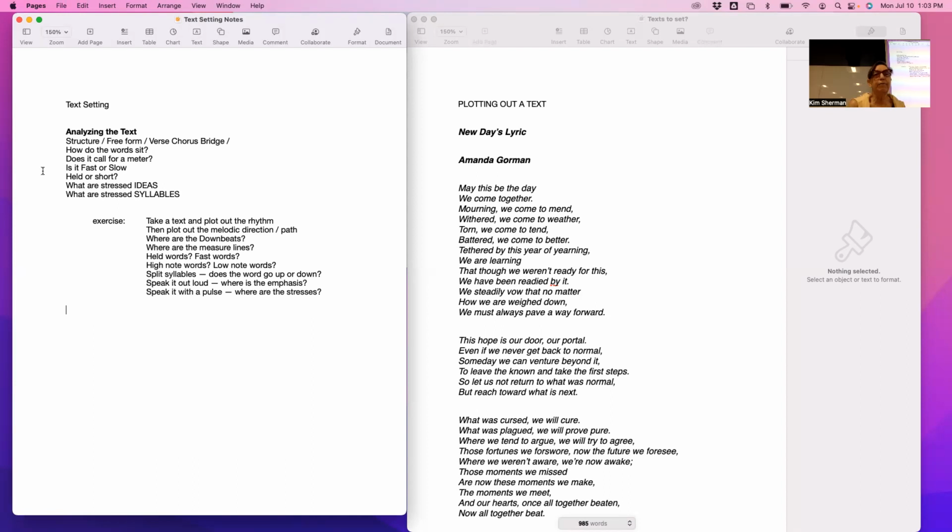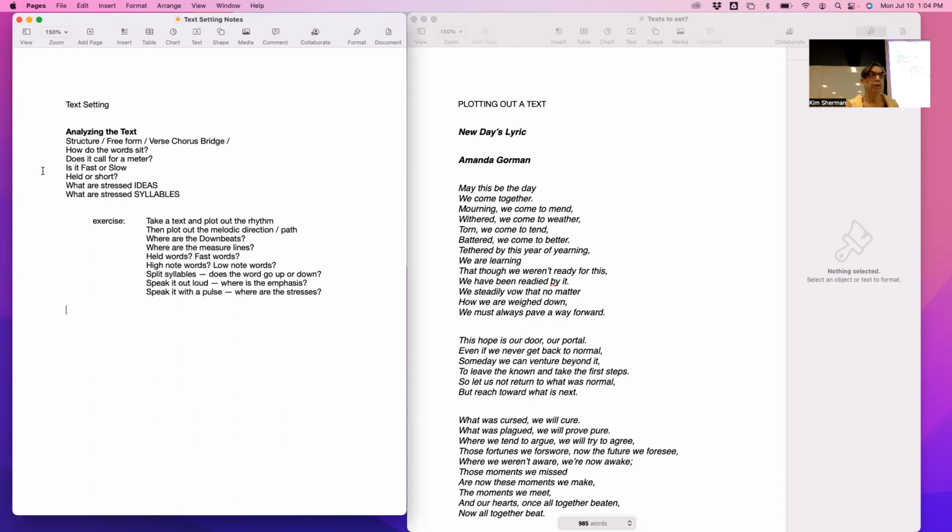When you set text, you're stressing different things. It's not just stressing the words, but also the idea. So you really need to be clear about what the idea is.